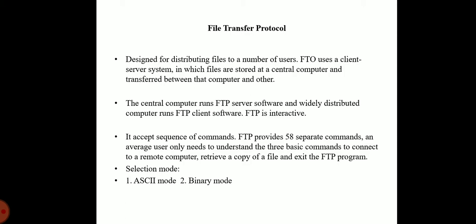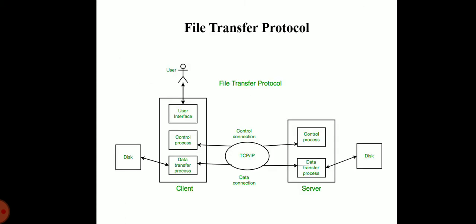FTP uses the client server approach. The user invokes the FTP program on the computer, instructs it to contact the remote computer and then requests the transfer of one or more files. In file transfer protocols, the client to server has control connections and data connections.